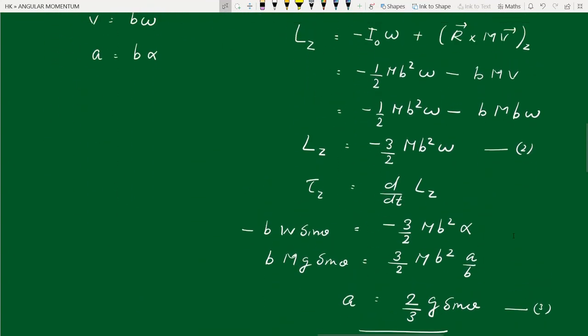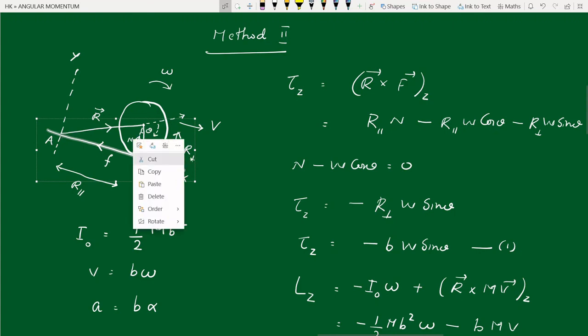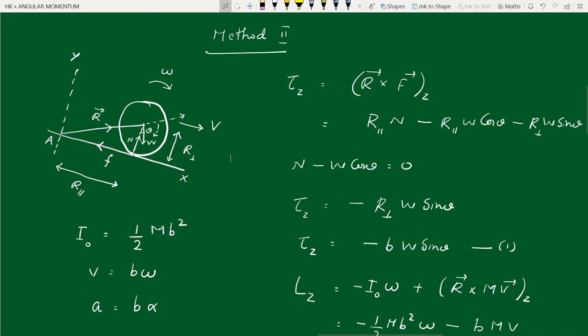In this second method we can do this calculation in another way also. Instead of choosing A as the origin, we can choose other points as the origin. For example, we can choose the point of contact as the origin at this instant. The advantage of choosing the point of contact is that the torque due to F and N will immediately be 0.